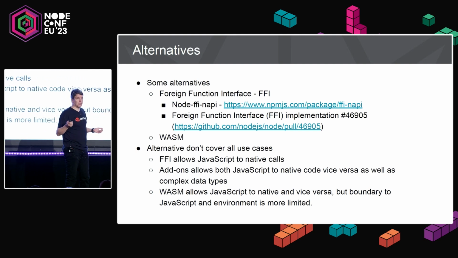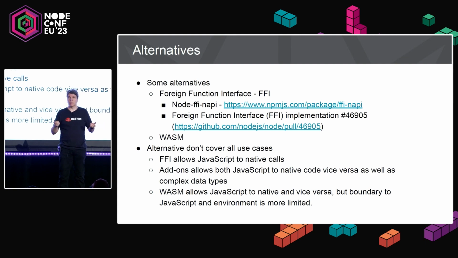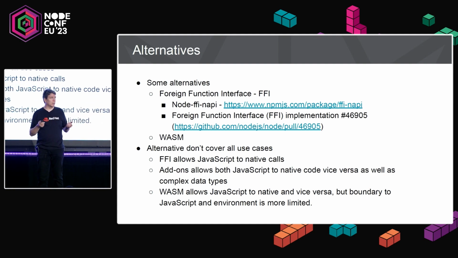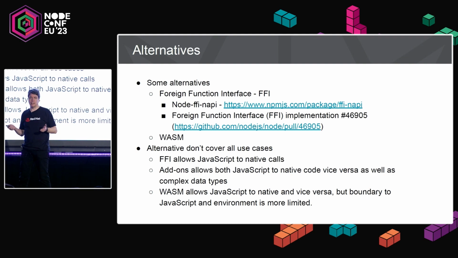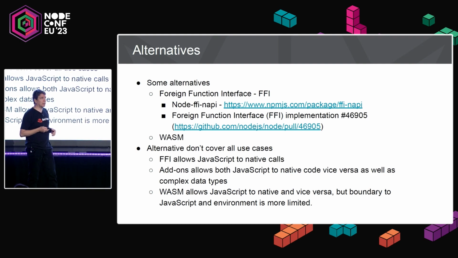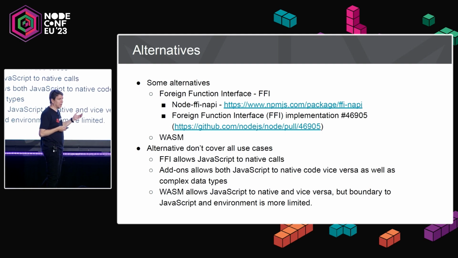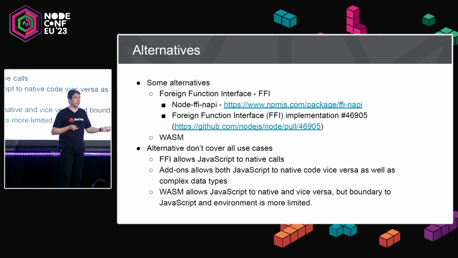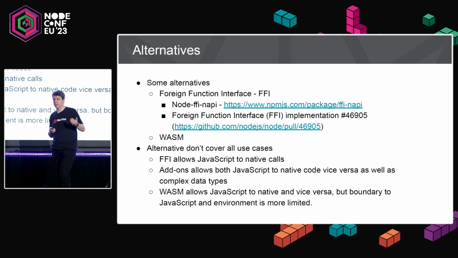So what about some of the alternatives? As we saw yesterday, Brian was talking to us about FFI, and it's like, hey, doesn't that look easier in terms of just calling an existing shared library without having to write any code at all? And it does, it is a good match for some use cases, and because of that, there have been some libraries. Brian mentioned node-FFI, NAPI, as well as the PR he has for adding foreign function interface support to Node.js itself.